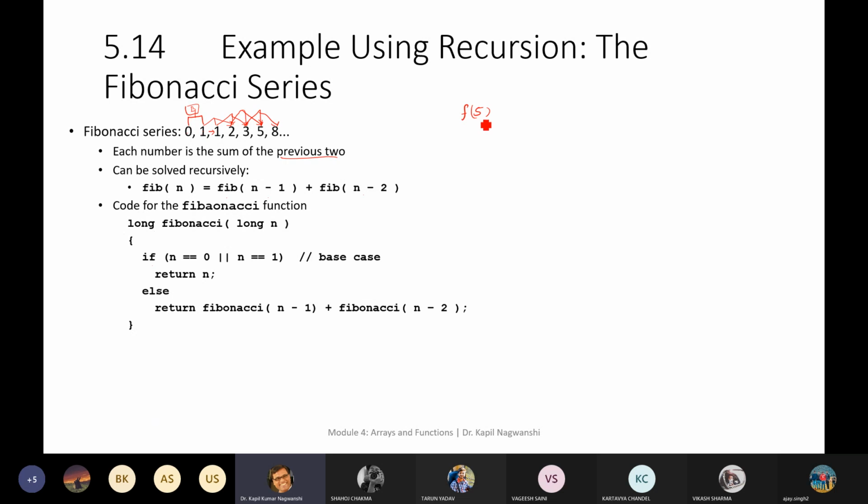F5 will be called here. Now, what is the value of F5? If we see this step, it is not 0 and it is not 1. So it will start doing this. It will return what value? It will return Fibonacci of 4 and Fibonacci of 3.